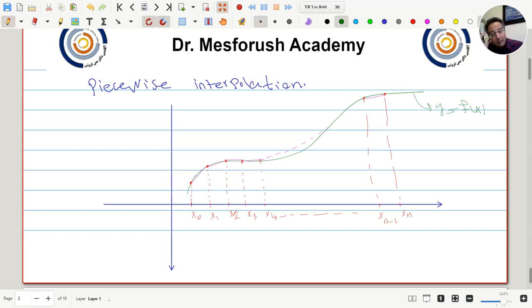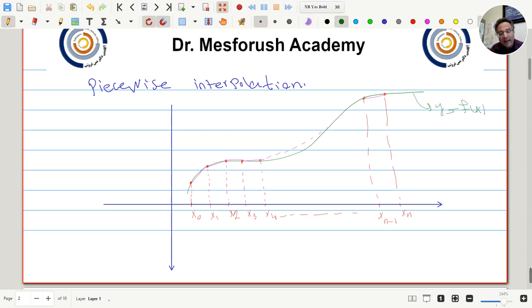About the piecewise interpolation, we have several different kinds. For example, if we use linear functions between each 2 points, we have piecewise linear interpolation.